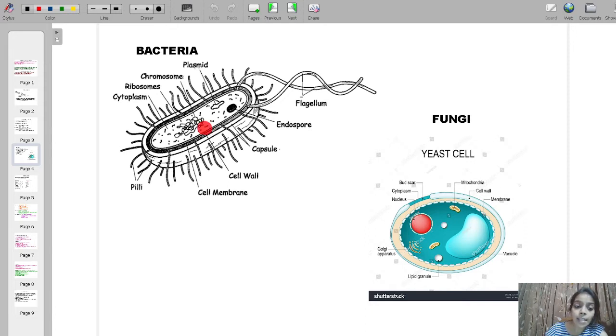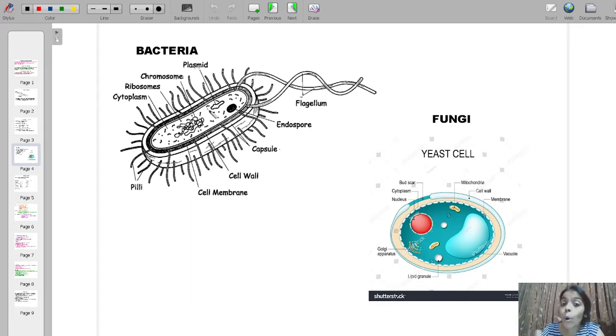So this is only one cell which performs all the functions of an organism. This one cell of bacterium will perform respiration, digestion, excretion, photosynthesis, everything.